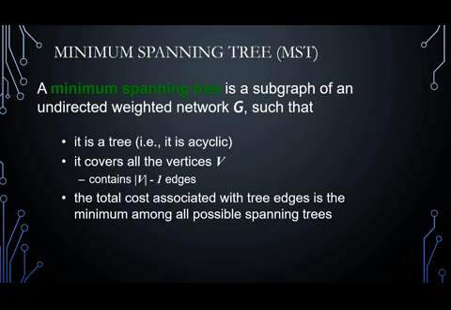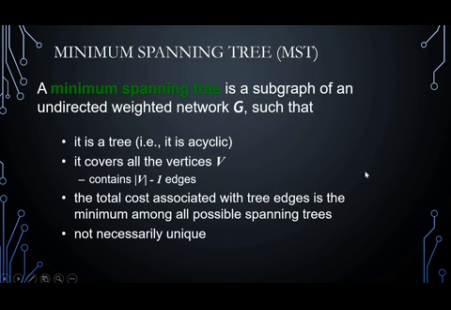See, if you consider a graph G, there is no compulsion that it should have only one spanning tree. It can have any number of spanning trees, but a minimum cost spanning tree can be unique. You understand? A minimum cost spanning tree can be unique, but a graph can have any number of spanning trees.